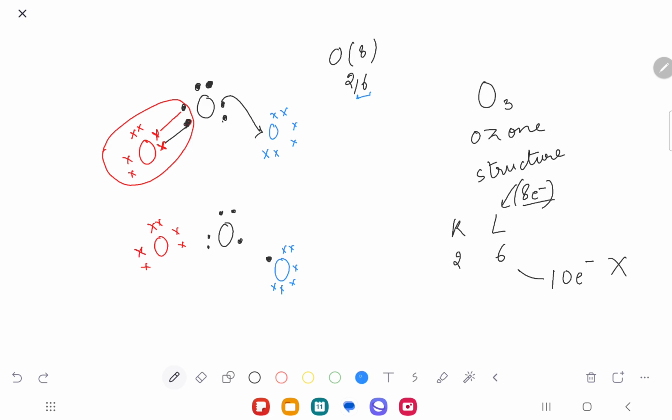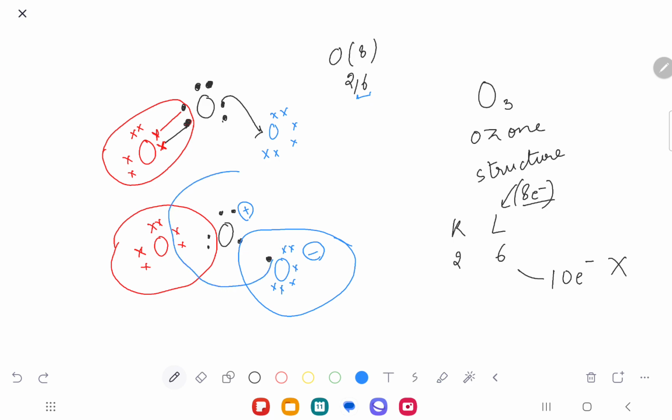So the red oxygen and the black oxygen are forming a normal double covalent bond. But here the blue oxygen is gaining one, so it requires a negative charge. And since the black oxygen has donated, the black oxygen acquires a positive charge. This is how this coordinate bond is formed.